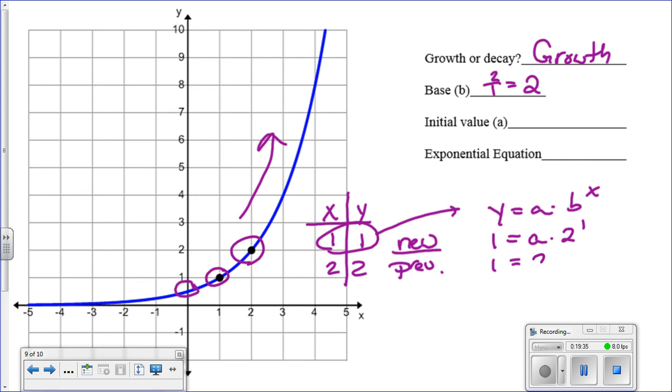So 1 is equal to 2a. Divide both sides by 2, and I'm getting a is equal to 1/2. And if you look on the graph, that certainly looks like it's 1/2. So your final equation is y is equal to 1/2 times 2 to the x power.